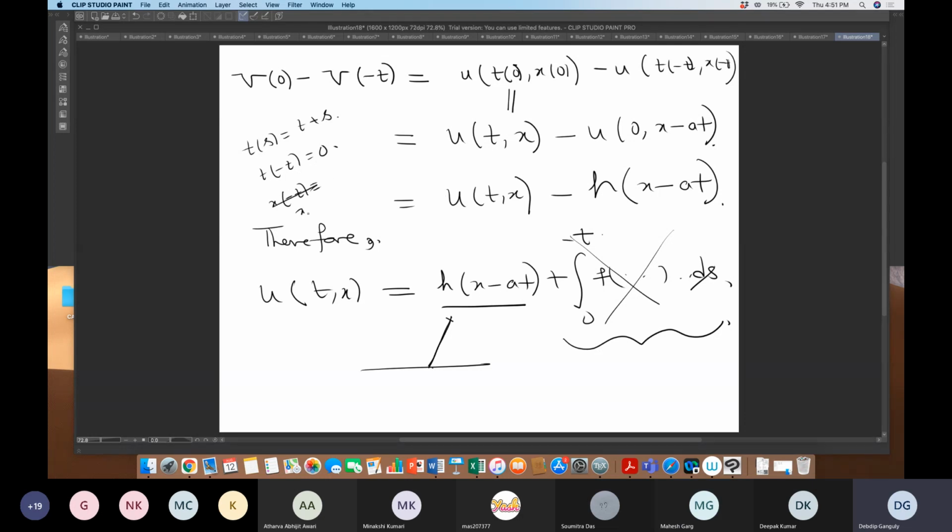X of S is X plus AS, so X of minus T is X minus AT. Just we have to find H of X. Okay, clear?